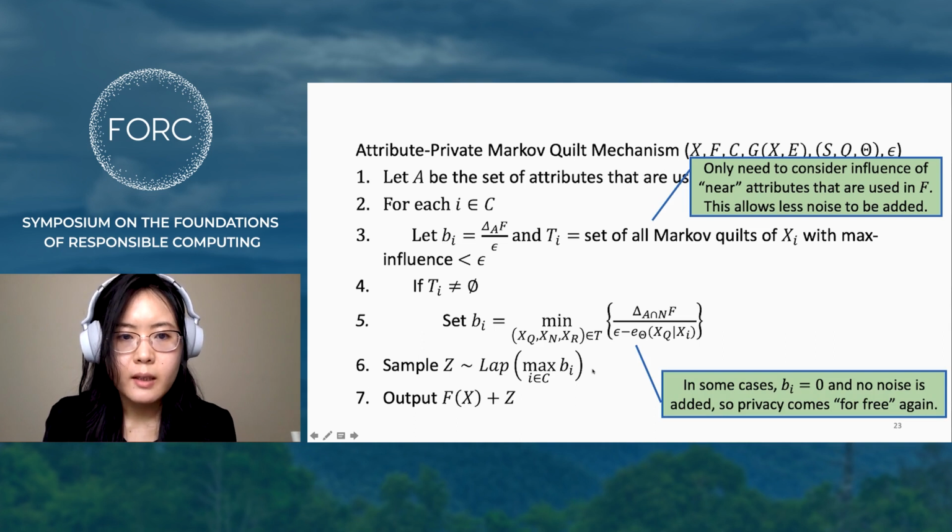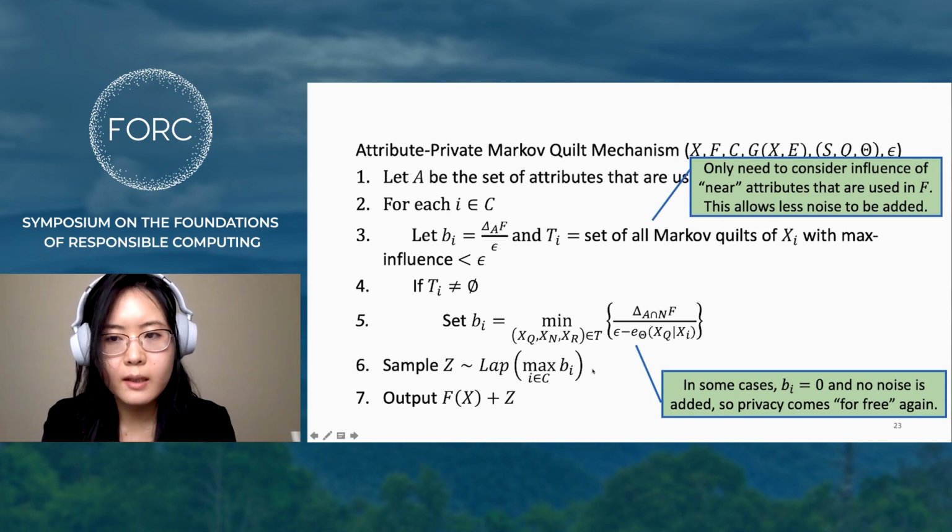In some cases, if the query f is about attributes that are all in the remote set, and the max influence on the corresponding Markov quilt is less than the privacy parameter epsilon, then no noise is added. So privacy comes for free again.